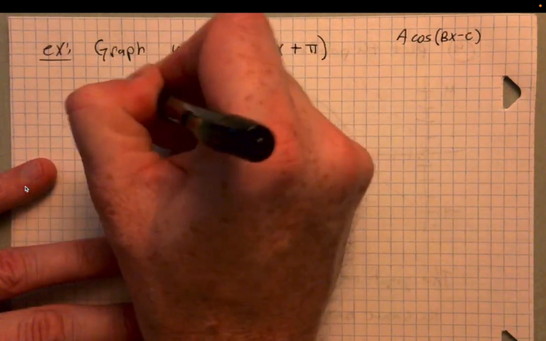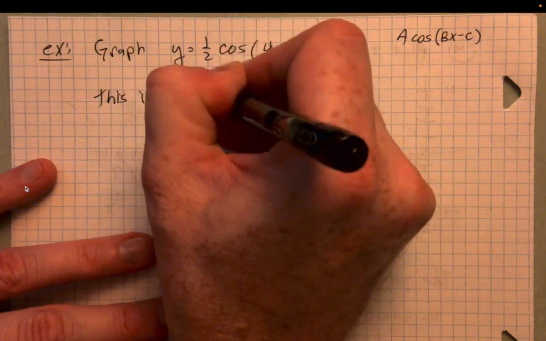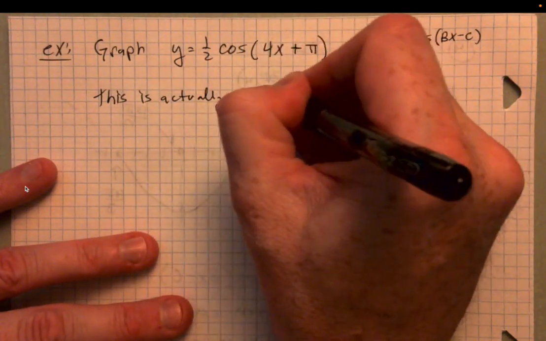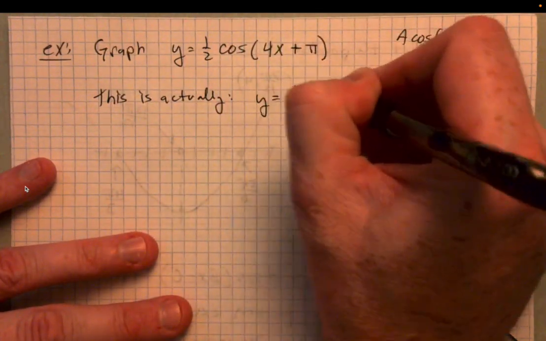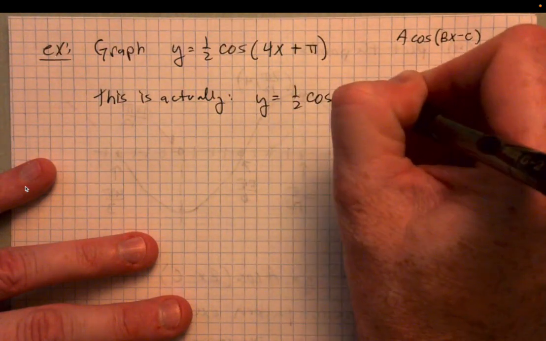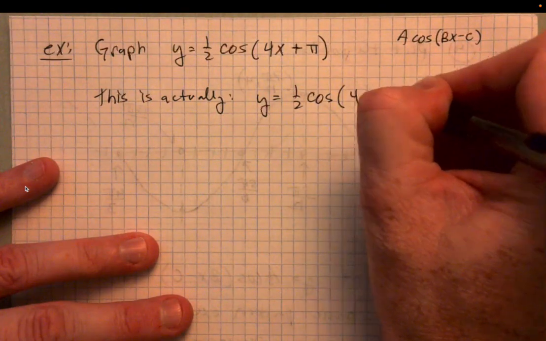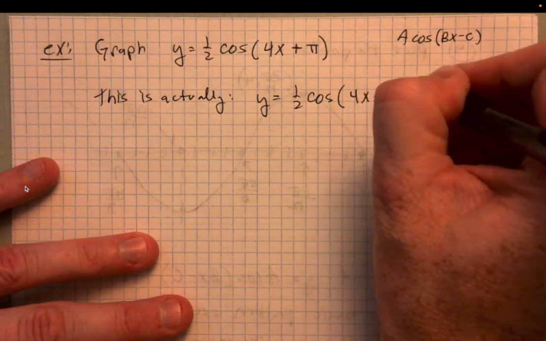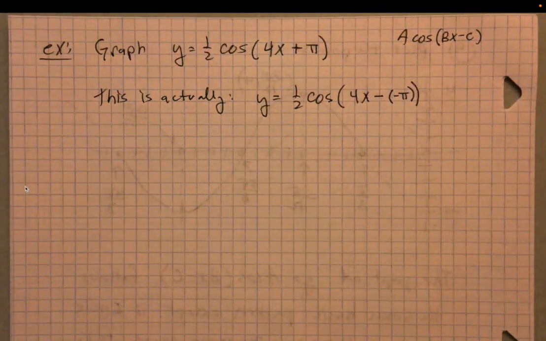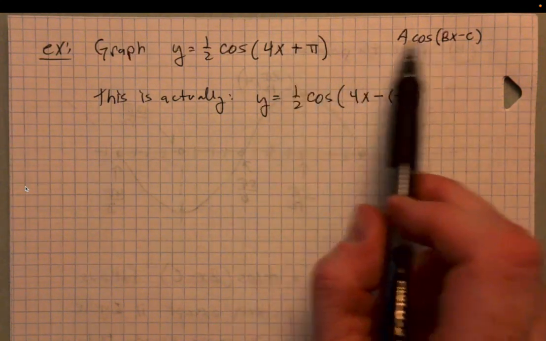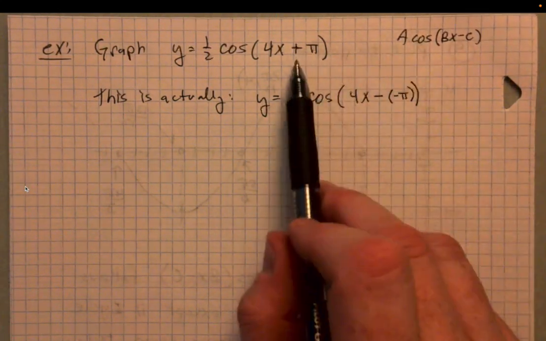This is actually y equals 1/2 cosine of 4x minus, right, because the minus needs to be there, minus negative pi. Minus negative pi is the same as plus pi, right? So you can rewrite this so that it fits this format by putting a minus negative instead of plus.